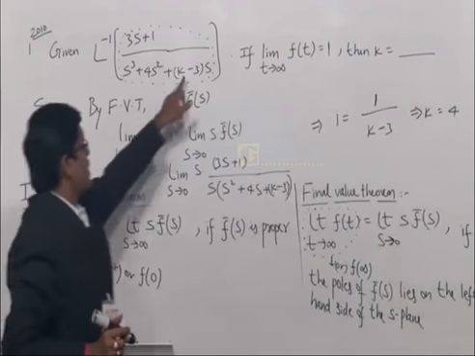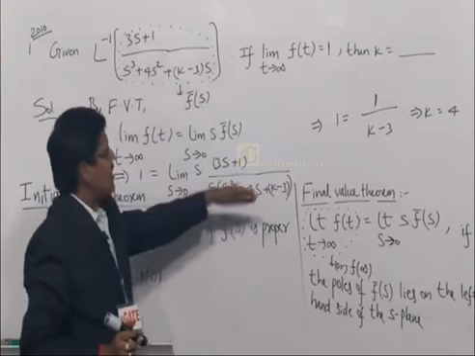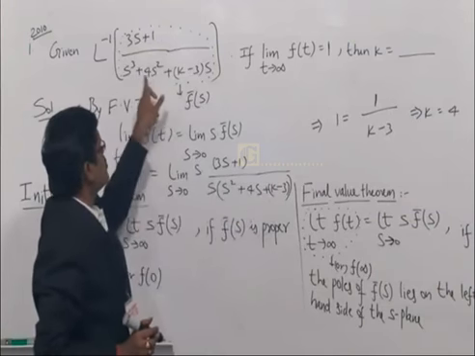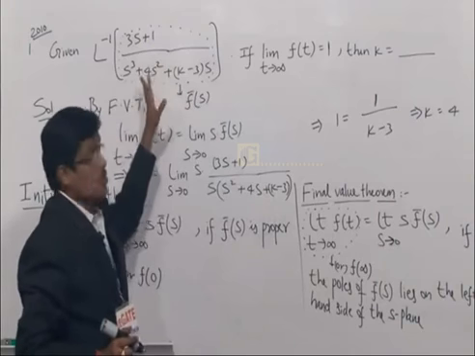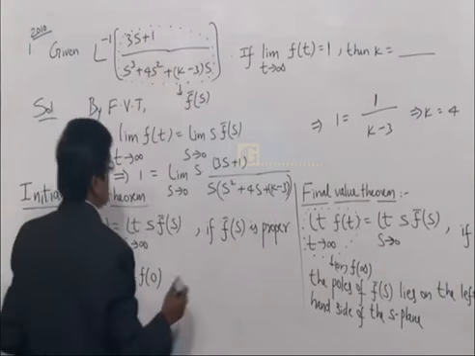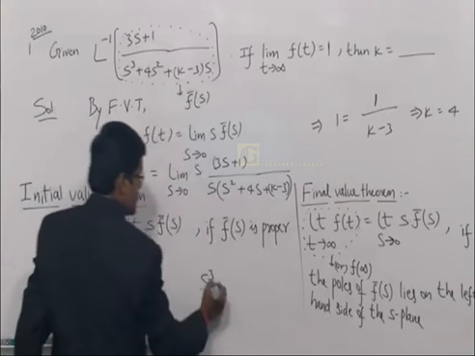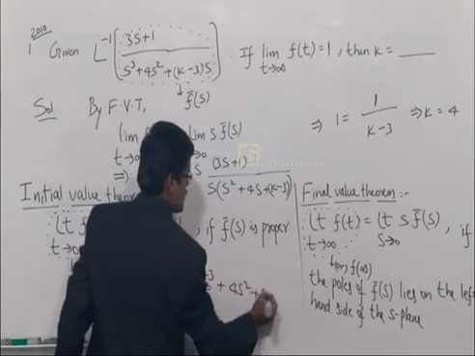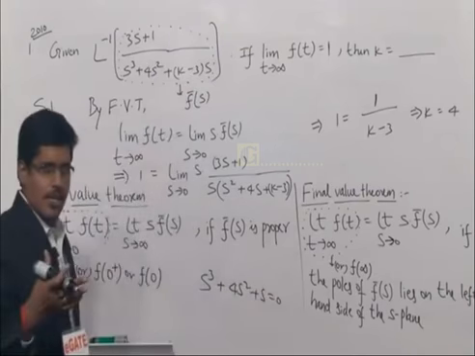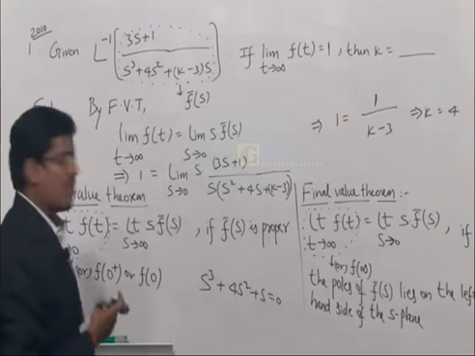Now if you substitute k is equal to 4, what are the poles of f bar s? Because I applied final value theorem, what are the poles? s is equal to 0, and s is equal to minus 2 plus or minus root 3. Let me verify. The denominator becomes s cube plus 4s square plus s is equal to 0. Whenever the denominator goes to 0 at a value of s, that s value is called a pole of the function.